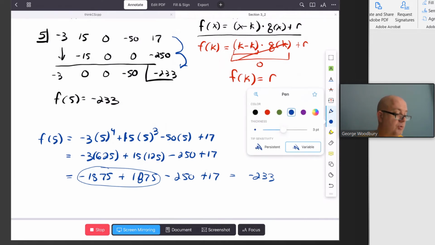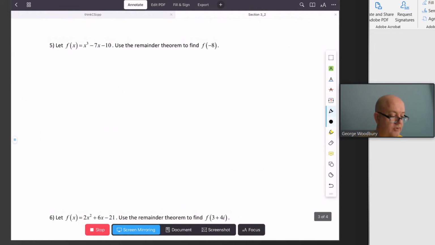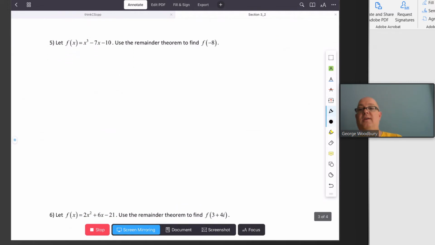All right, I've got two more for us to do. The first one says, let f of x equal x cubed minus 7x minus 10. Use the remainder theorem to find f of negative 8. So I'm going to put negative 8 in the divisor box. We're starting with x cubed.